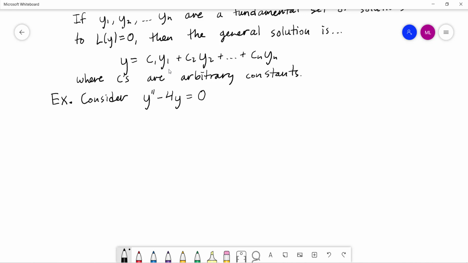This is, again, our linear homogeneous differential equation. In this case, it's a second order differential equation, so we need 2 linearly independent solutions to form our fundamental set. What are some solutions that will work?